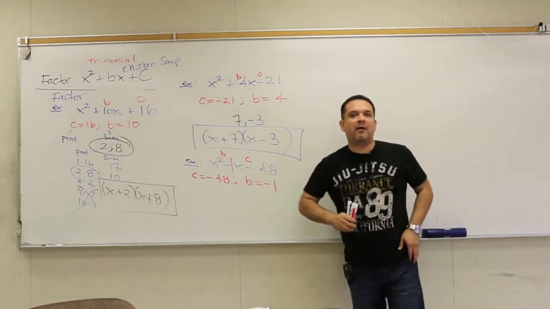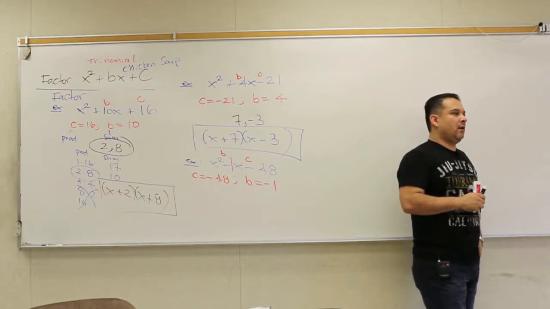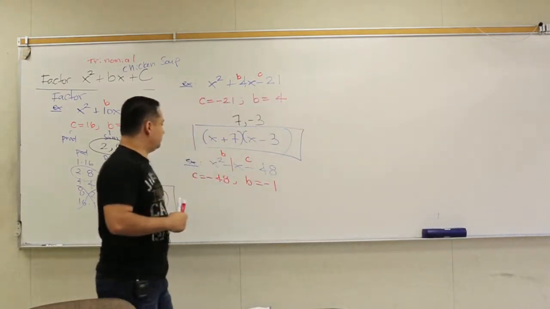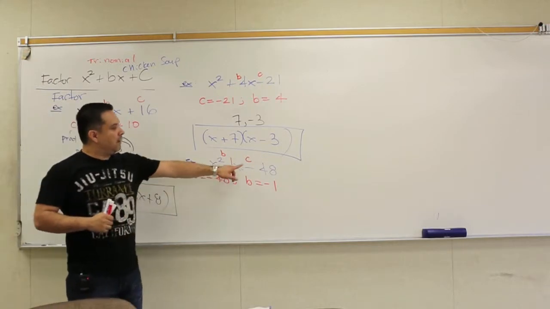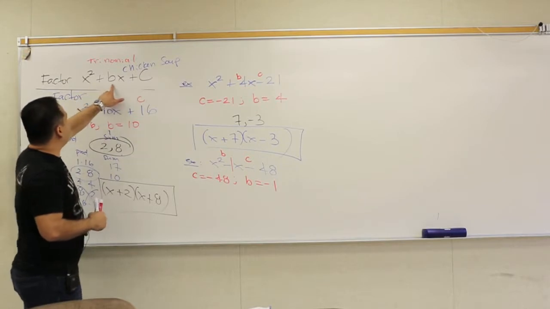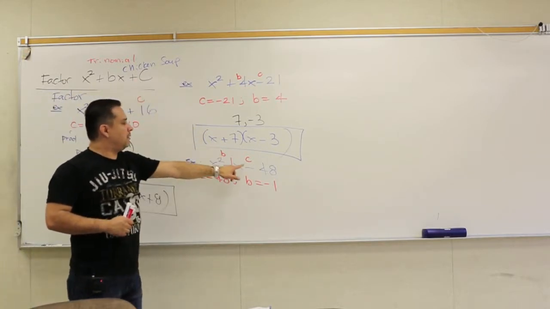Does anybody have any pairs that work? I have a question. Shouldn't C become -1? No. C is 48. The form is x squared plus bx plus my constant.